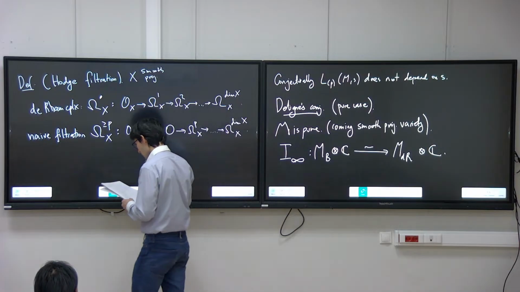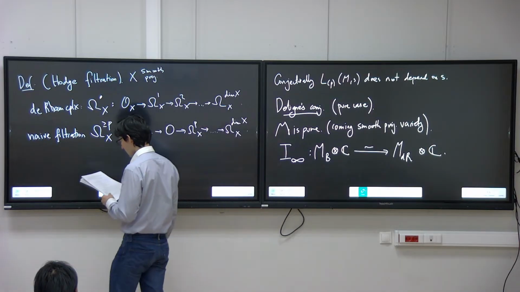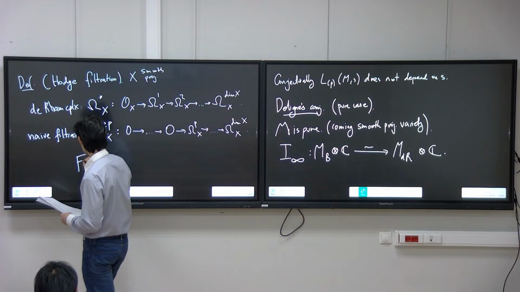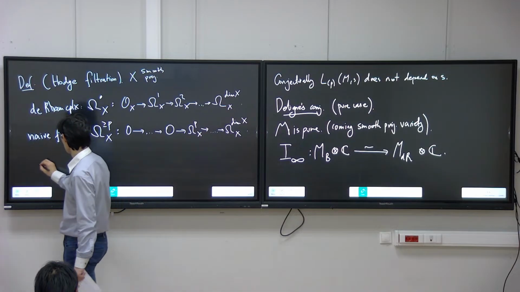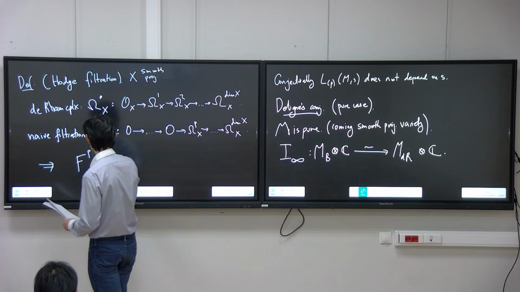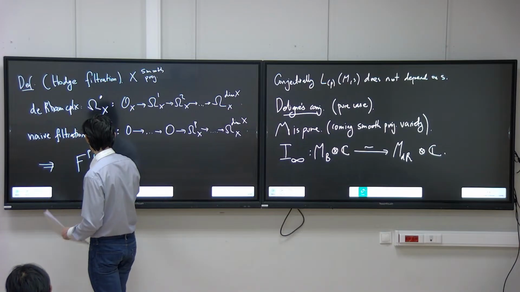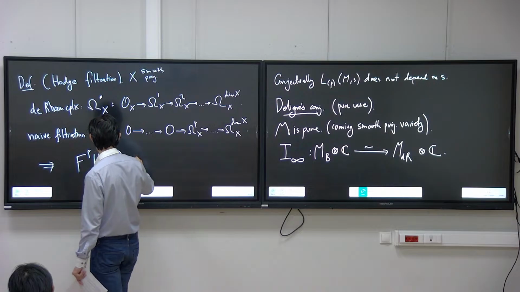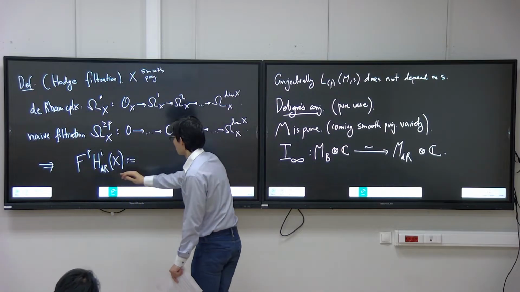And in this way, I get a subspace of the de Rham cohomology. So what is de Rham cohomology?